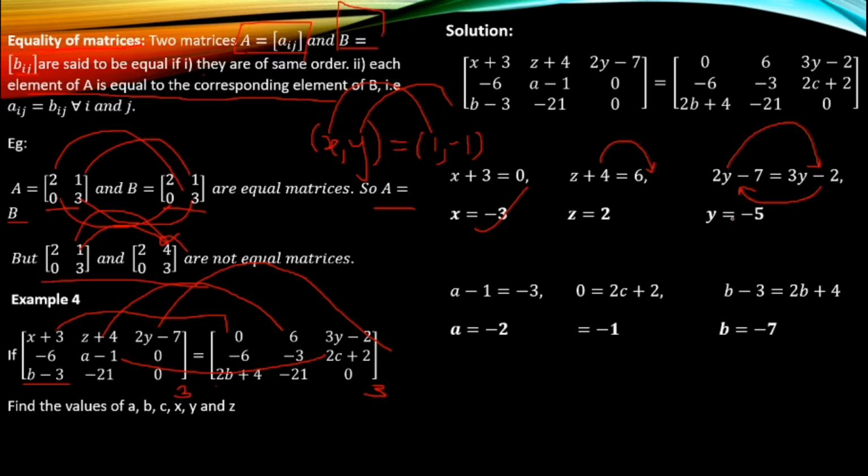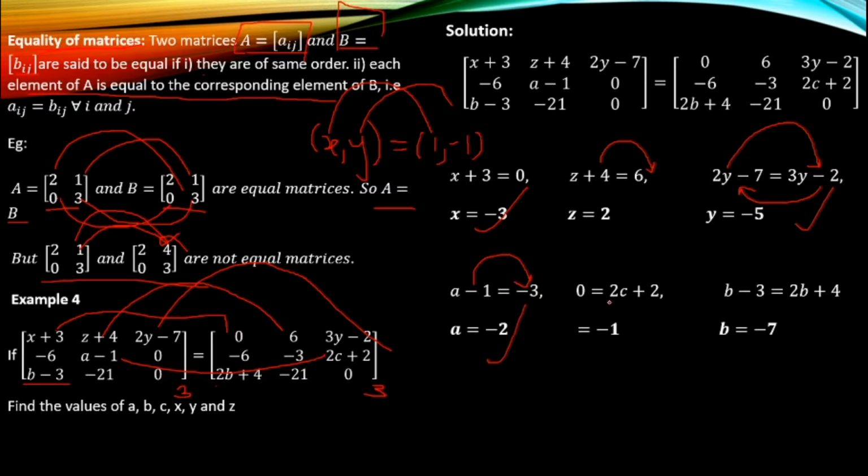It's up to you, you can solve it anyhow. It's not a difficult task. To make it convenient, usually I do it this way. Next for a, when negative 1 goes this side, it becomes positive 1. So minus 3 plus 1 is negative 2.